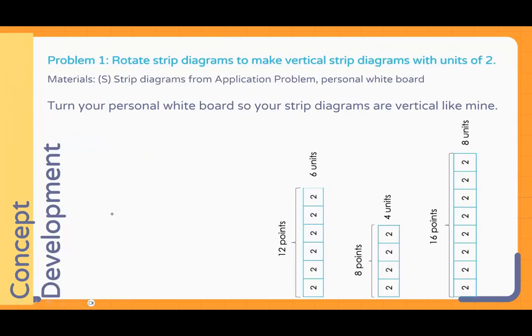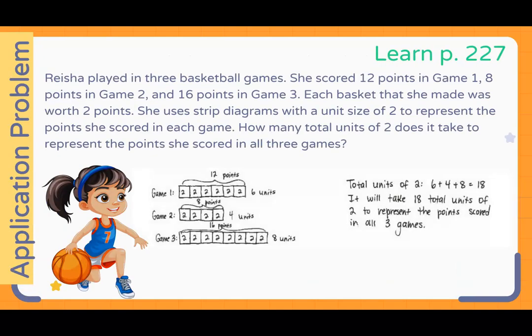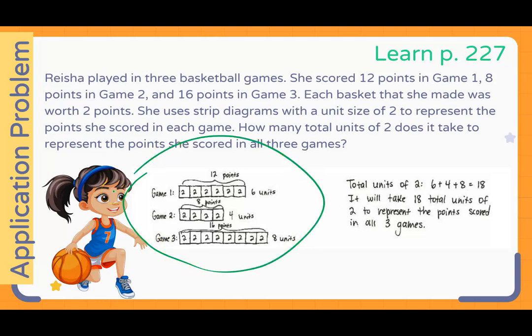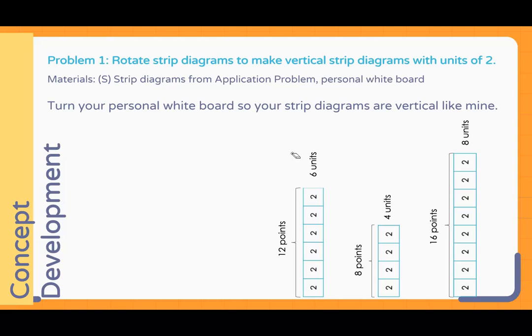Okay, here we go. Now, it's just going to be a lot of listening unless I say draw. If we write strip diagrams like this, all they're going to do now is flip up and down.